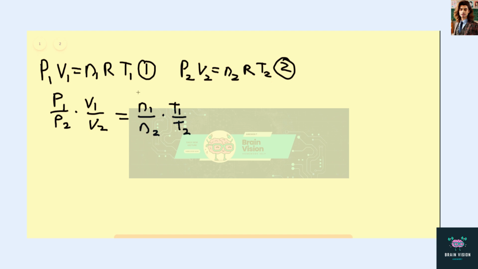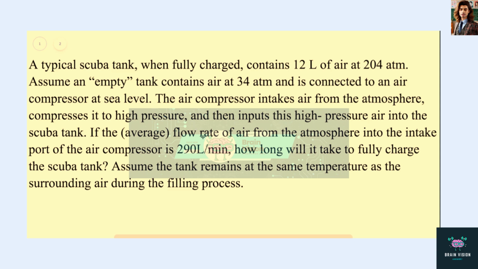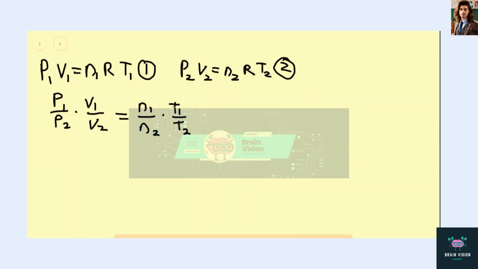And the information that we're given in the question is that the gas is at the same temperature, so we can immediately cancel these out because it's going to be the same, so the fraction is just 1. Similarly, because the gas is being filled, no gas is lost in the process.